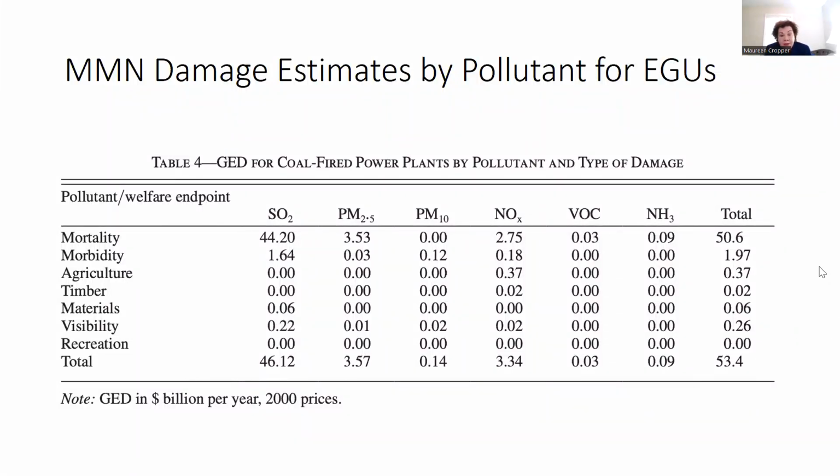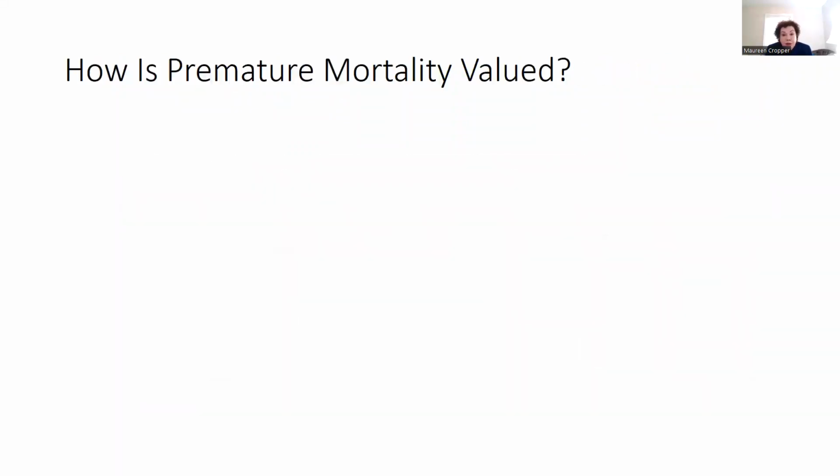There are clearly some damages associated with morbidity, agriculture, visibility, but they are swamped by mortality damages. So it's important to talk about how premature mortality is valued. This will play a role actually in the rest of the talk.